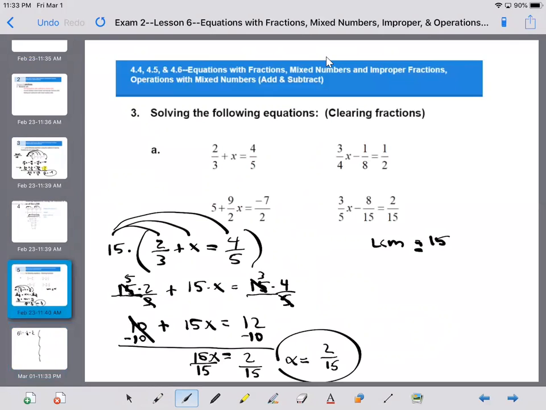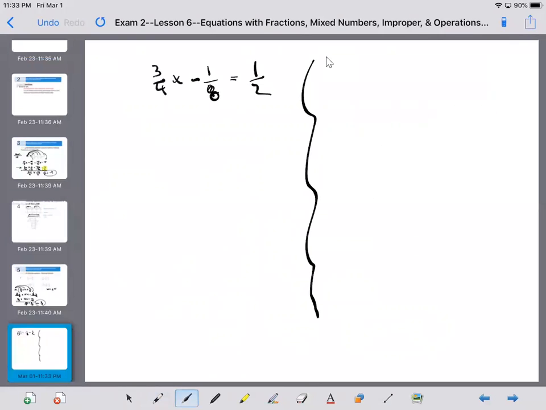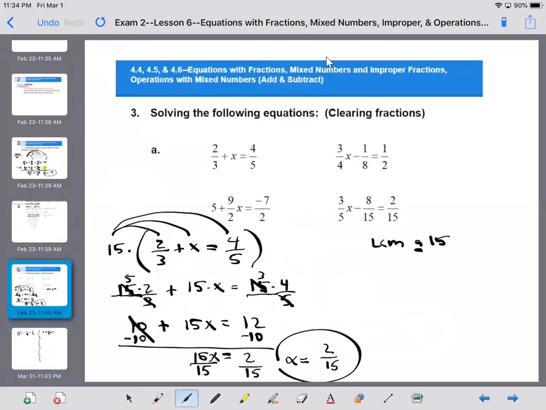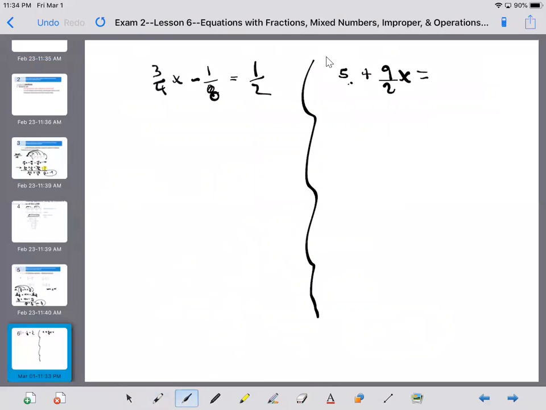So that's 5 plus 9/2 x is equal to negative 7/2. All right, so we've got 4, 8, 2, so fourths, eighths, and halves as our denominators. So we're going to say that our LCM is going to be 8.